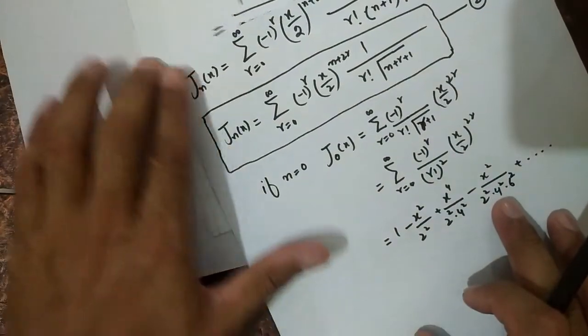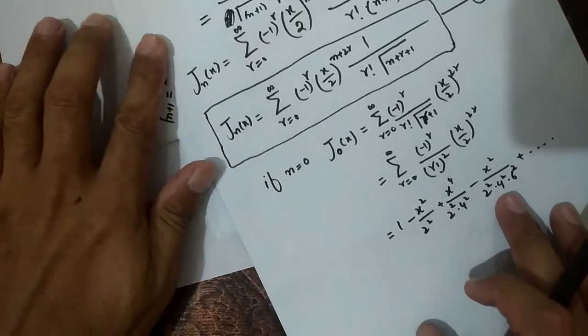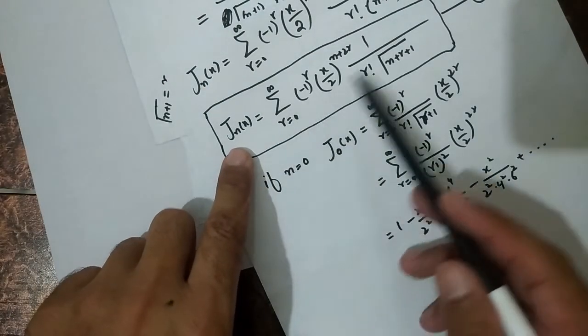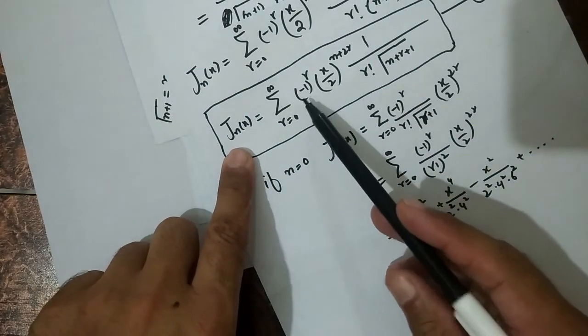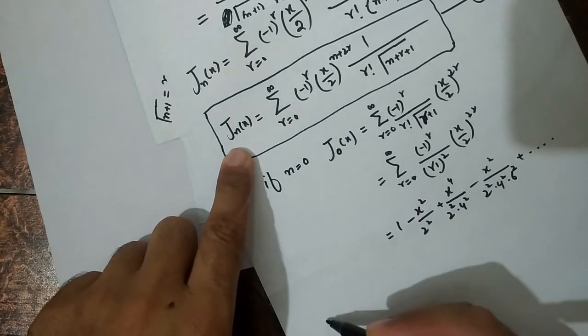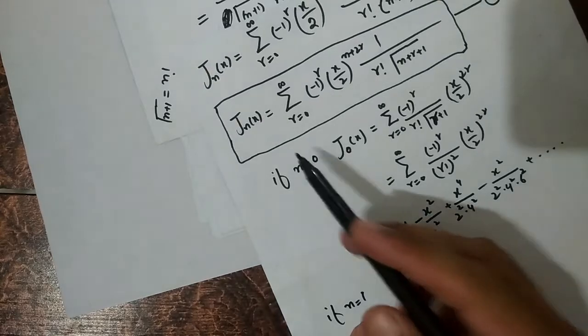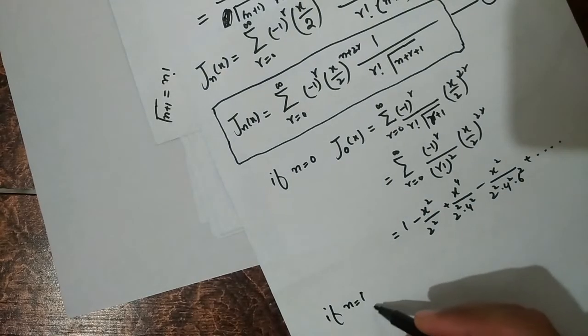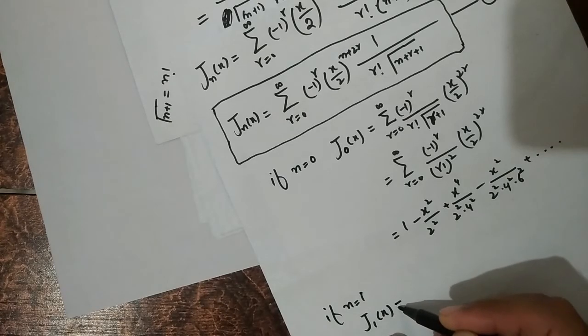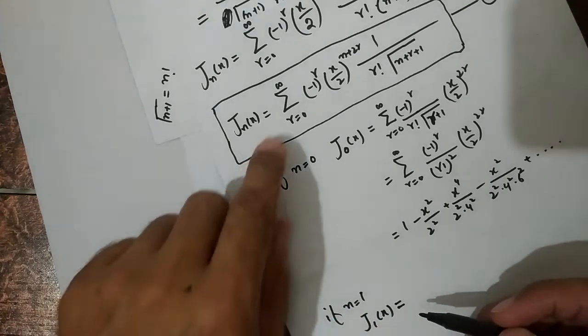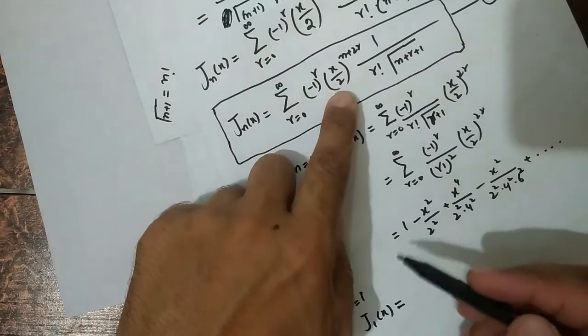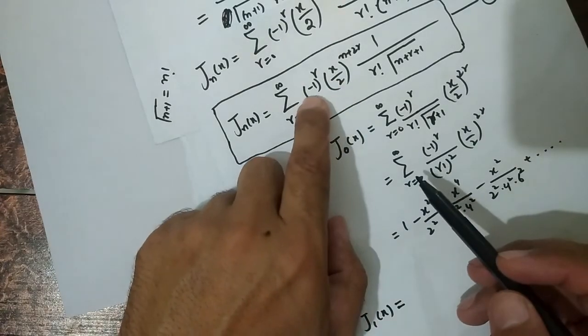Now if we put n equal to 1 in this equation, it will become J1 of x, which is equal to minus 1 to the power r.